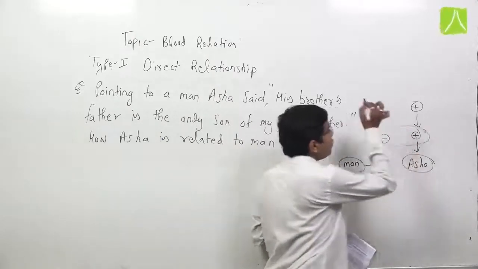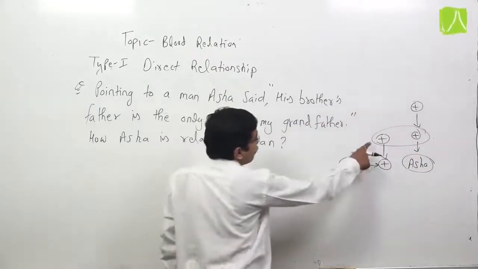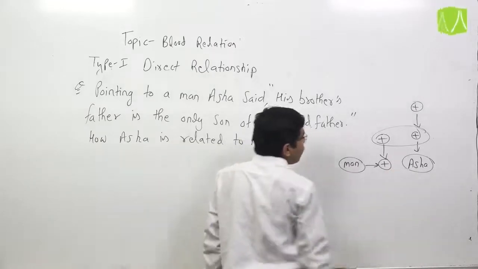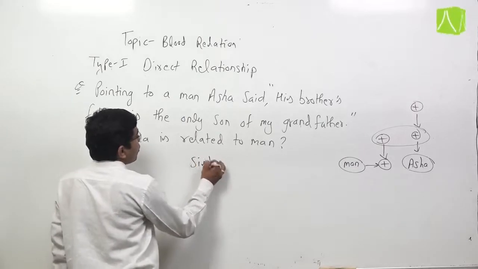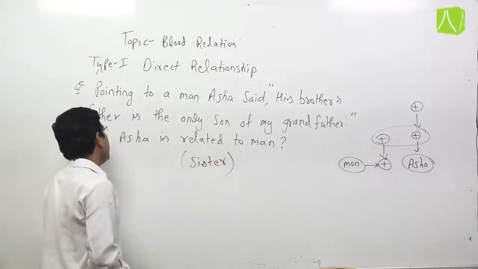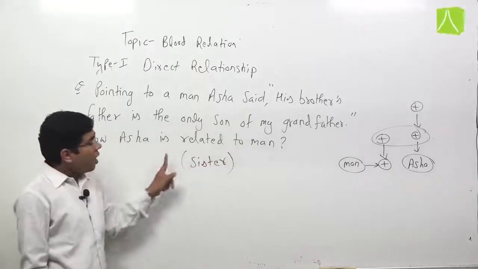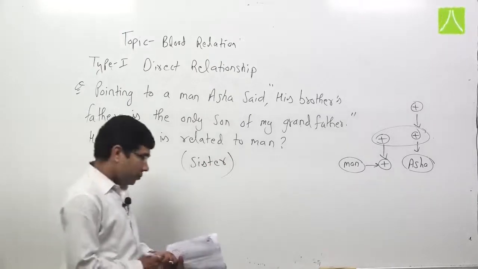That means these persons are the same. So the father of this man and the father of Asha is the same person. So Asha is a sister of this man.